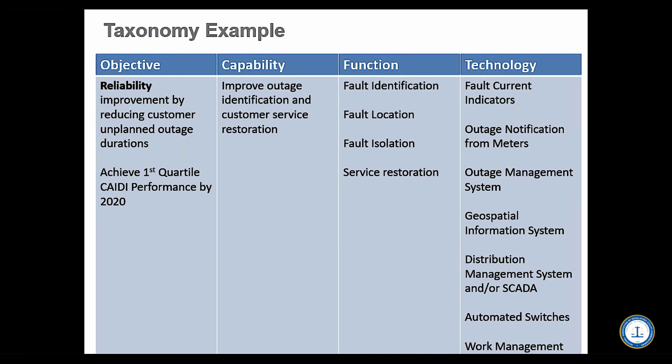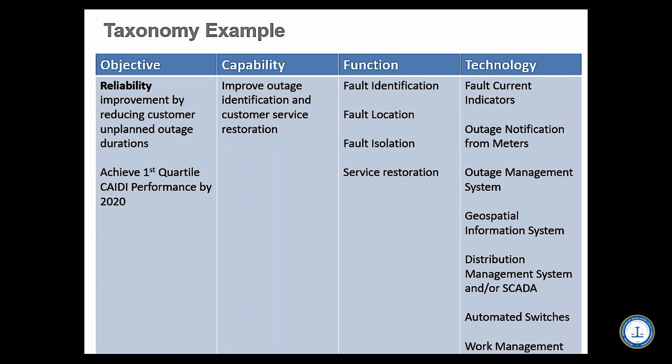So here we look at reliability, where we say we want to improve reliability by reducing customer unplanned outage durations. We want to achieve first quartile performance by 2020. What we're thinking we need to do is improve outage identification and customer service restoration. There are several functions that go with that.